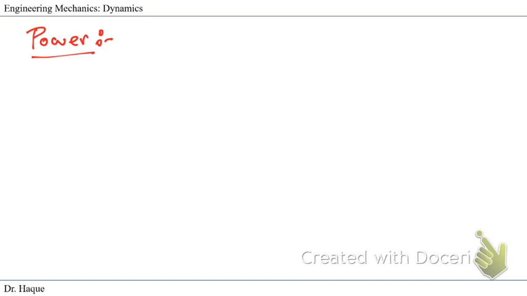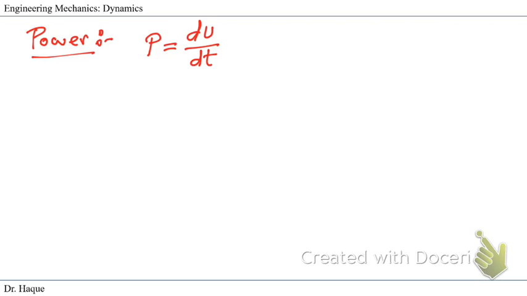The power generated by a machine or engine that performs a certain amount of work can be defined as P, power, which is dU over dt.